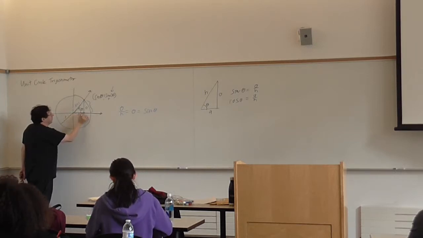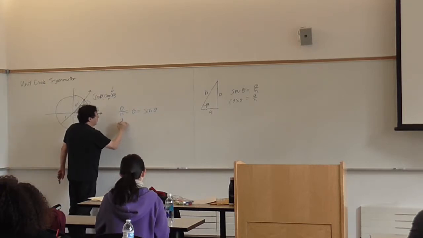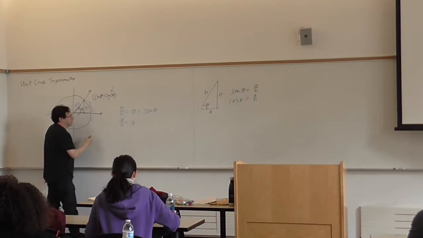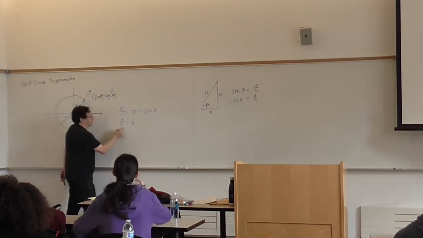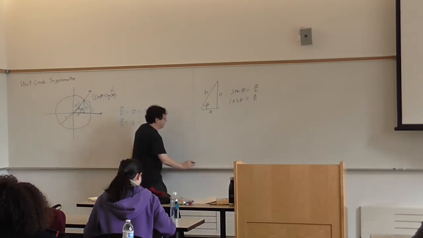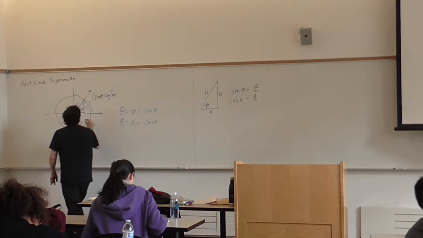Similarly with the adjacent side, the adjacent over the hypotenuse is just the length of the adjacent, because the hypotenuse is 1. That's the cosine of theta.